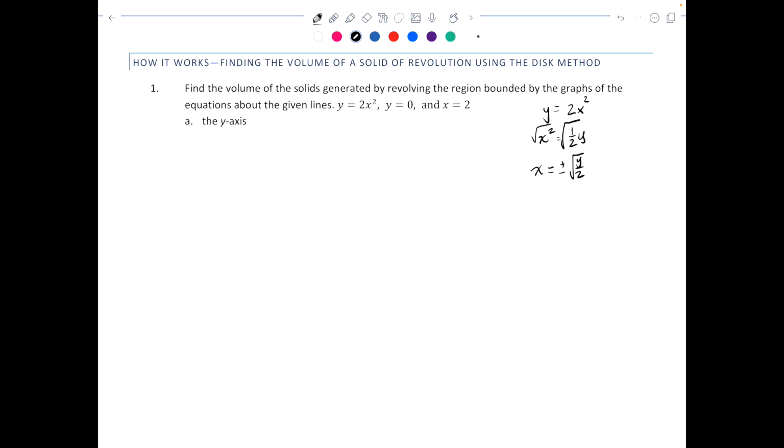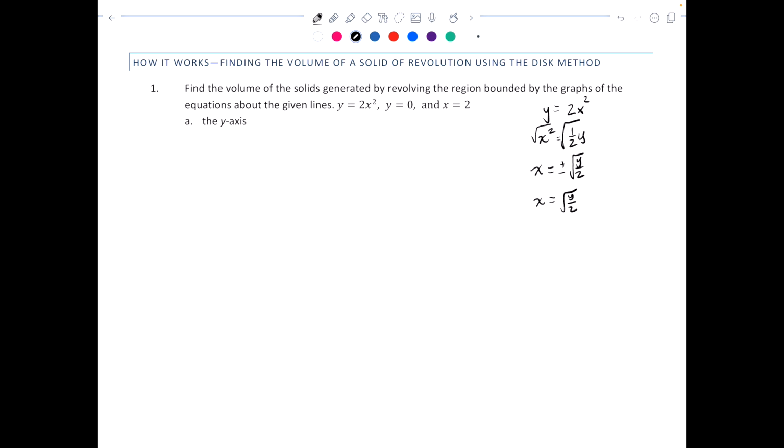But we're only looking at the positive side for x. So we're going to choose that positive root of y over 2. Okay, so that is where we isolate x if we need a function of y, all right?